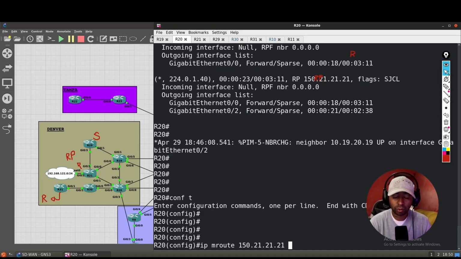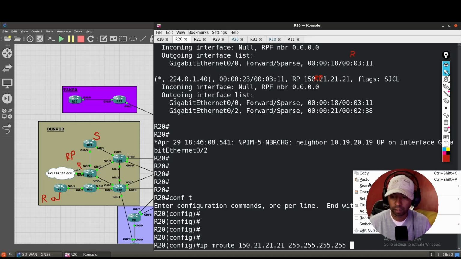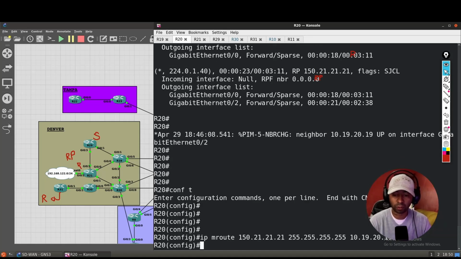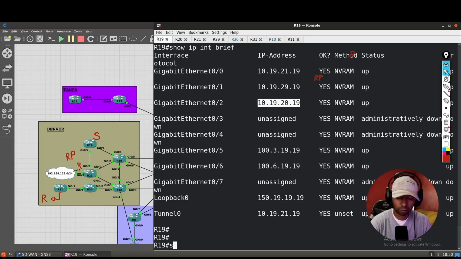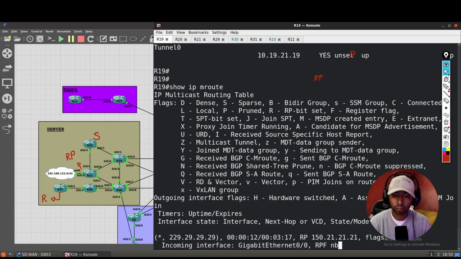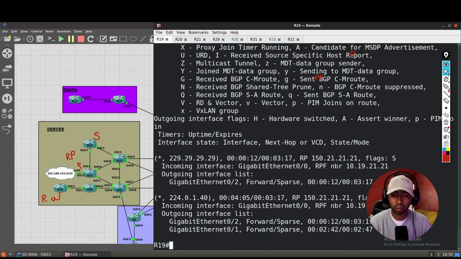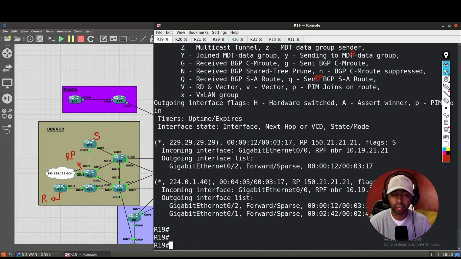And also I will say 255.255.255.255, and then I will say the interface, which is the way to go outside, so that it will be sharing. So let me go back on the router 19. Show IP route. So now router 19 knows who is the receiver.